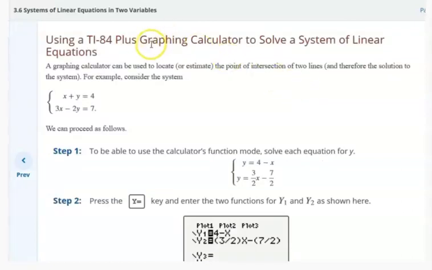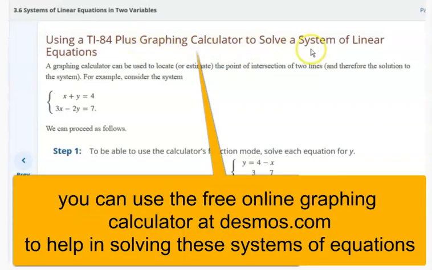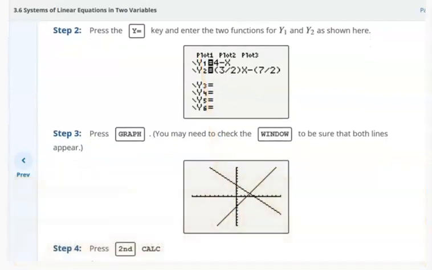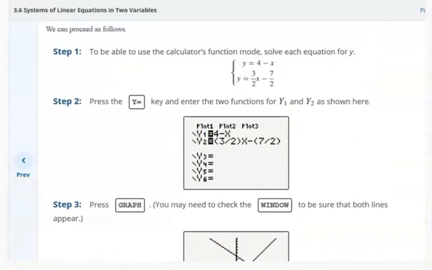Now, there are graphing calculators that help solve systems of linear equations that the book goes into. And if you have one of these TI 83s and 84s and 85s, they can be used to solve.